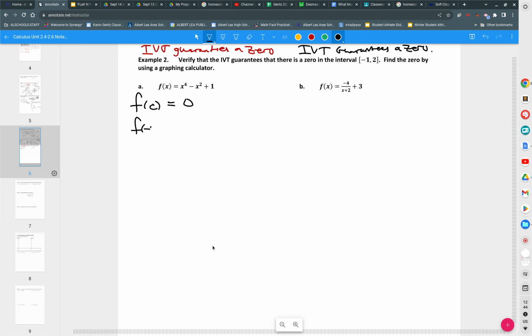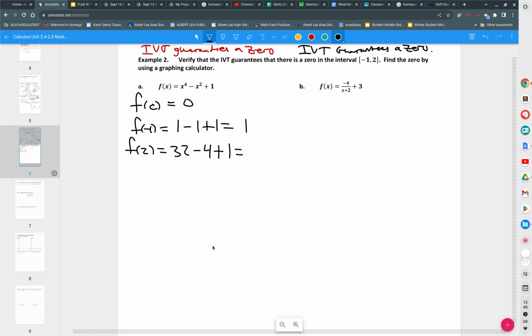So f of -1 is, and we take -1 to the 4th, you get 1 minus 1 plus 1 is 1. Lots of 1s in that problem, huh? And then we do f of 2, which is equal to 32 minus 4 plus 1, and that's equal to?